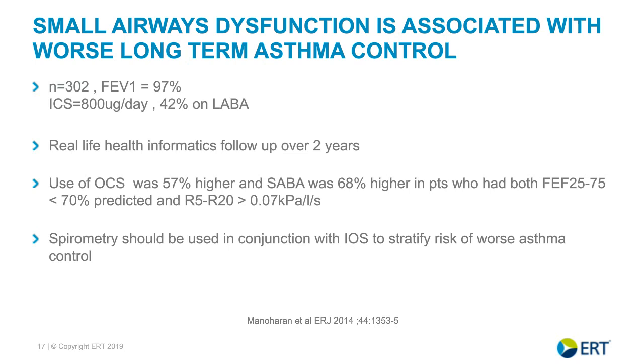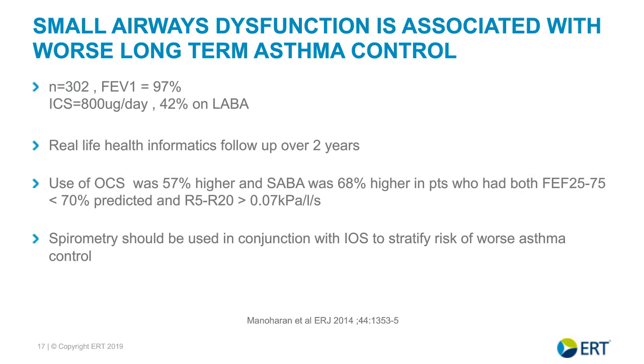And what we found was that in patients who had both a raised peripheral airway resistance, R5, R20, and a low FEF 25-75, they had a high burden of poor disease control. In other words, their oral steroid use was 57% higher, and their albuterol use was 68% higher in these patients who had small airways dysfunction.